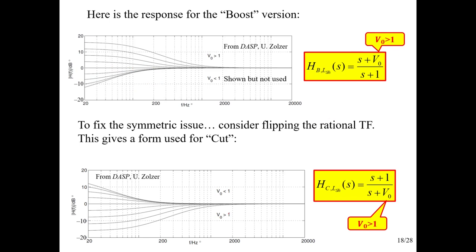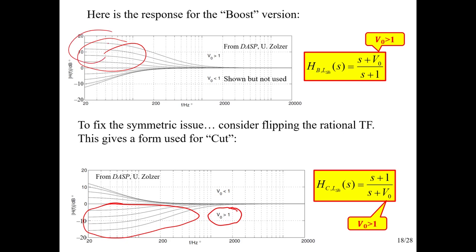Now when we let V0 be greater than 1, we get all this stuff going down. And that makes sense, right? When you reciprocate something and then write it in dB, it's really the negative of the dB. So reciprocating non-dB corresponds to negating in dB.